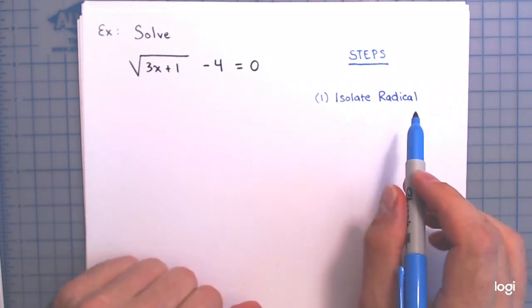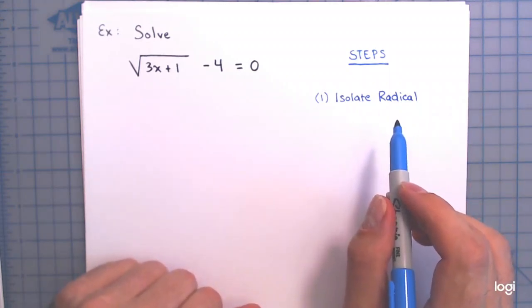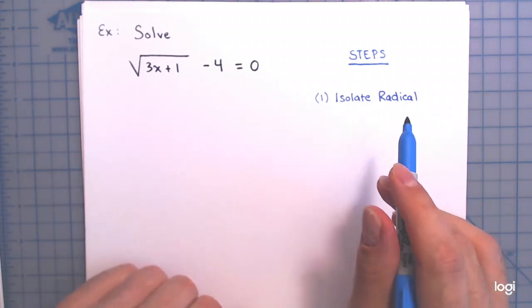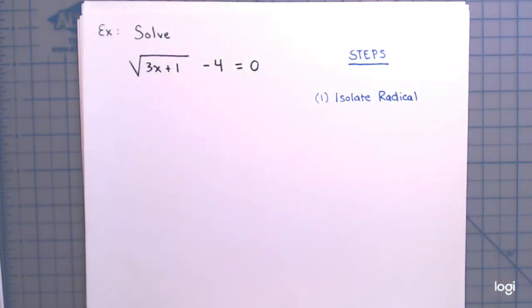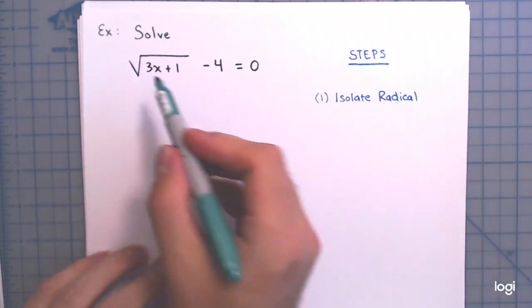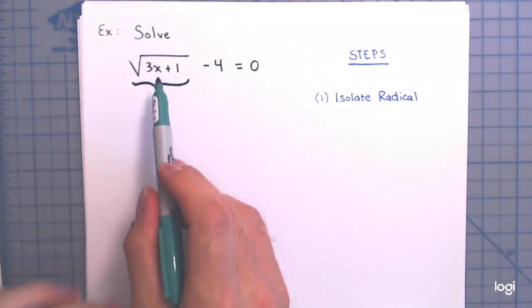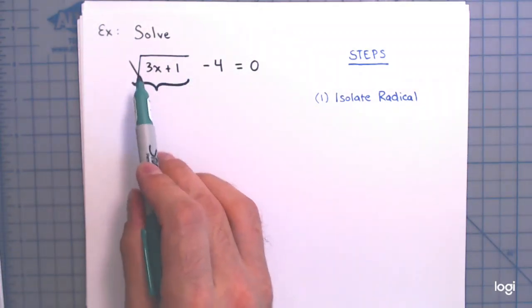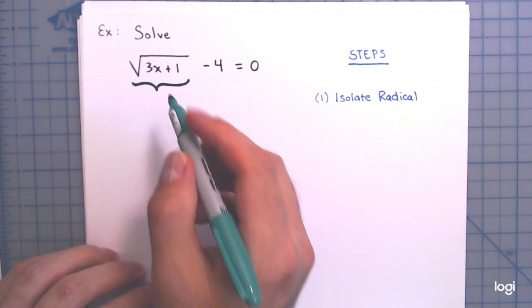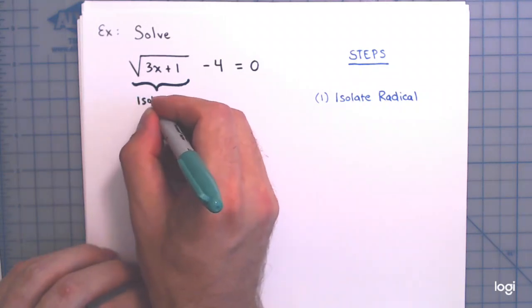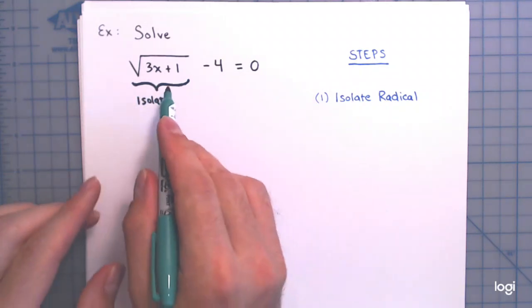Get the radical term on its own side. You may notice that this is very similar to how we solved absolute value equations, and it's really going to be similar to how you solve any equation with a special symbol in it. First, you want to get it alone. This square root, this radical, I would like to isolate first, get that on its own side.